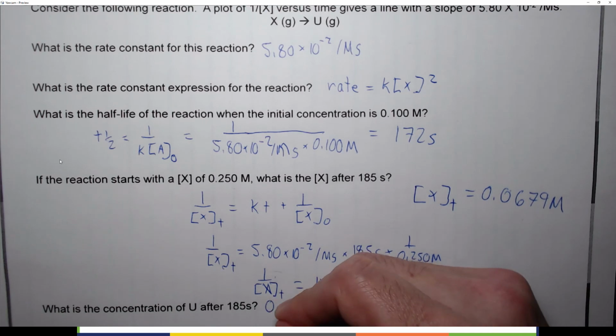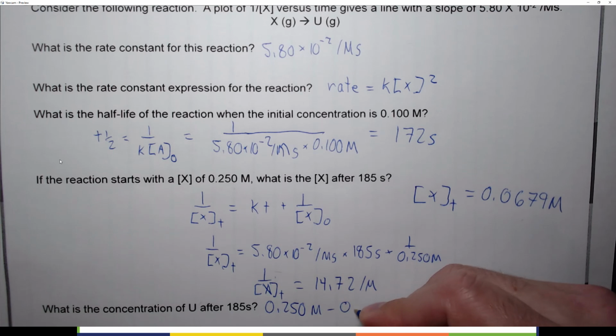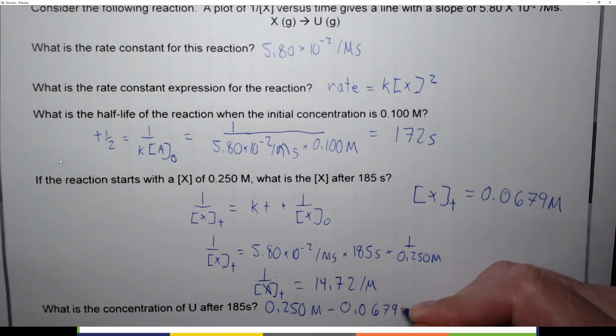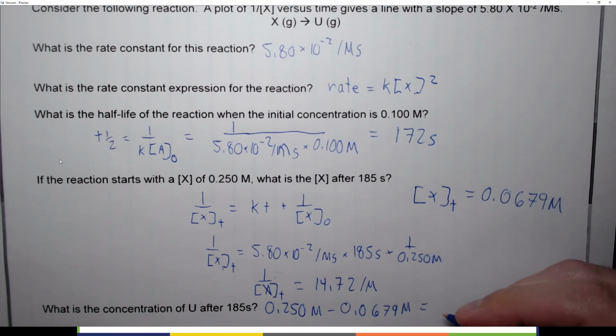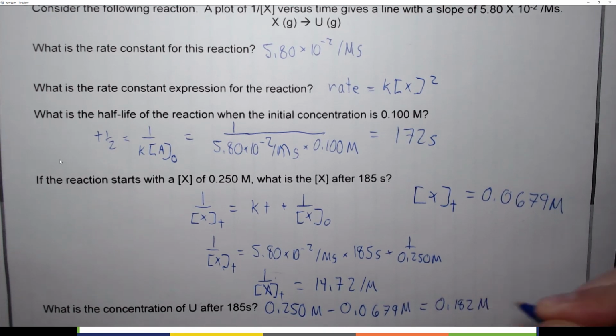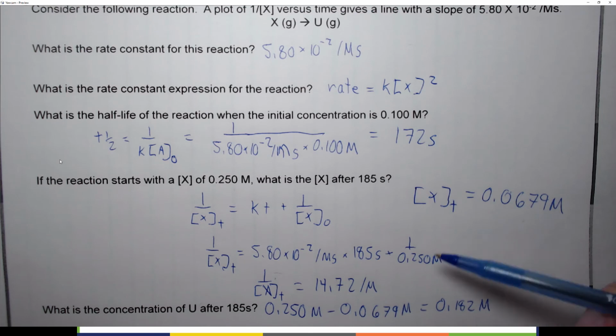So if I take 0.250 molar and I subtract the X that's left, 0.0679 molar, and again, this works because we have a one-to-one stoichiometry, I find that there's 0.182 molar U found in solution after the 185 seconds.